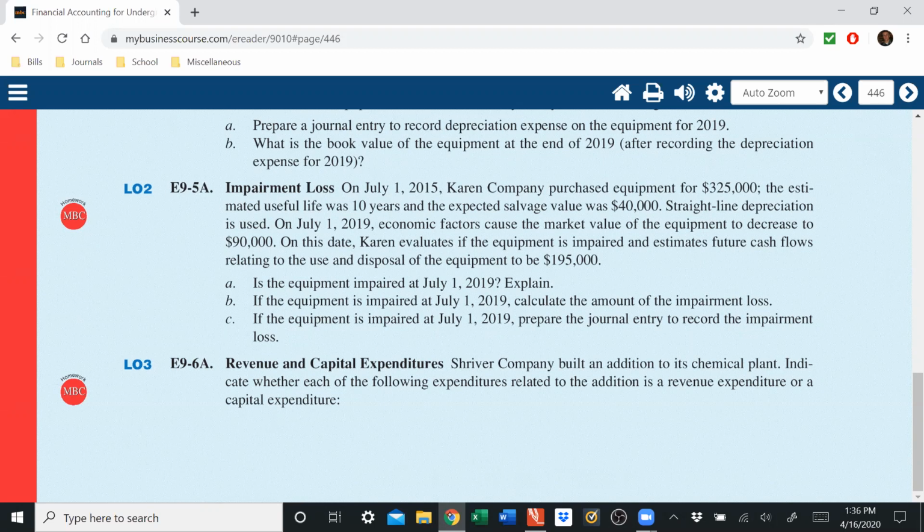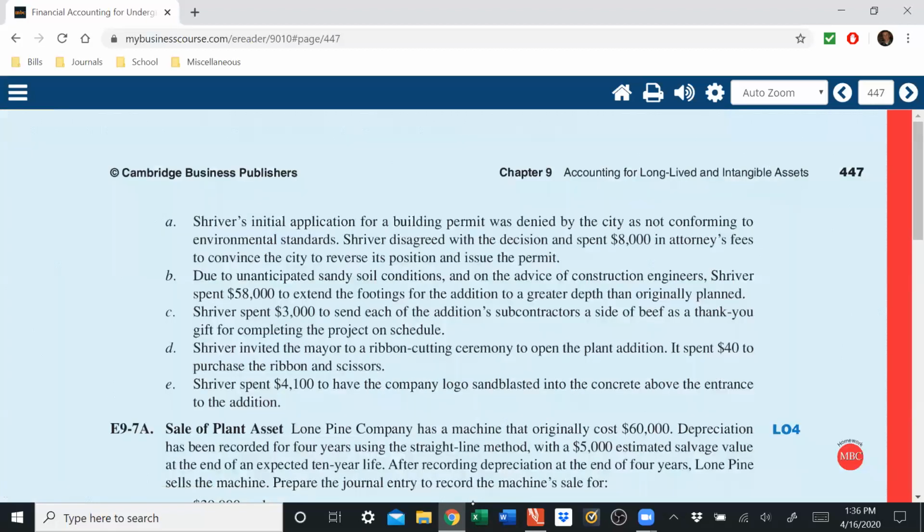If it's a cost that doesn't do any of those three things, but in contrast just maintains the asset's normal working condition, then you debit that cost to an expense, just miscellaneous expense or something. So a revenue expenditure is an expense. A capital expenditure, you call the cost an asset. So for each of these costs, we have to identify: should it be treated as an expense or an asset?